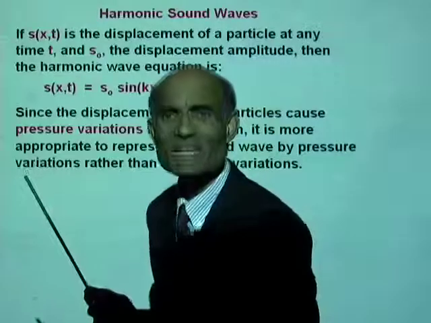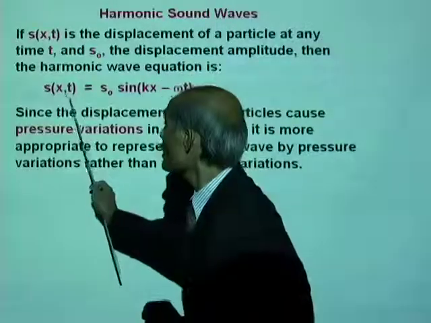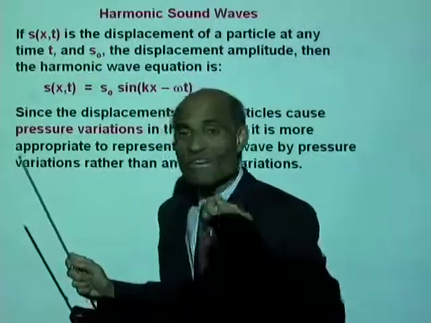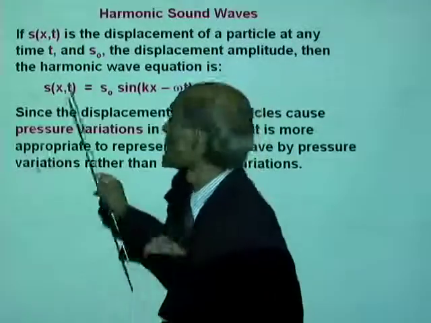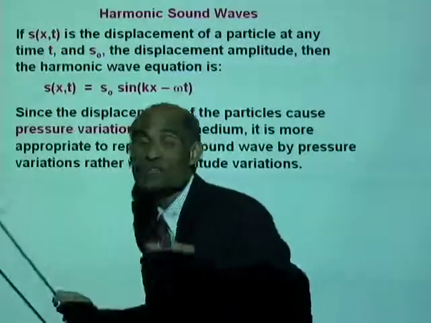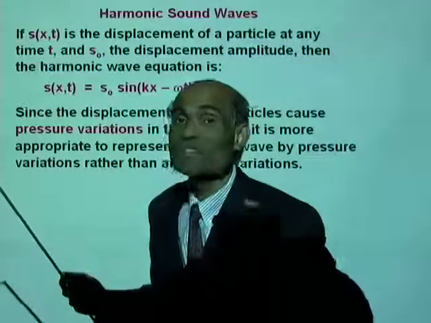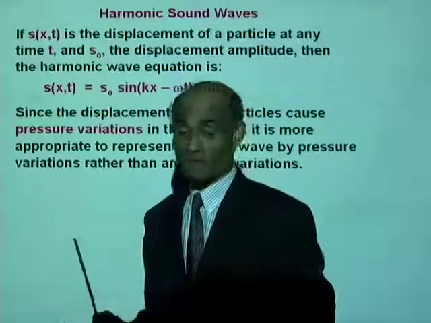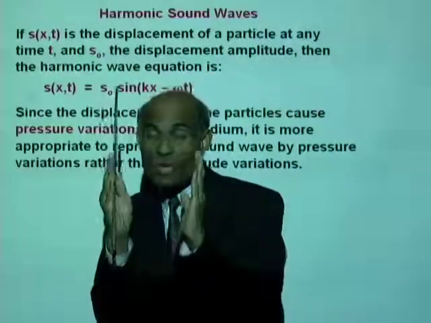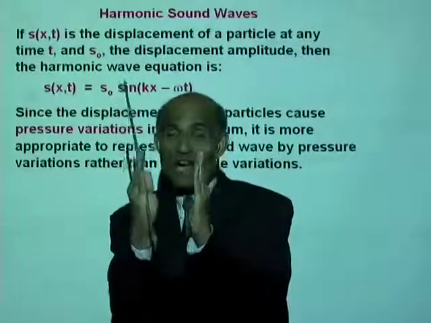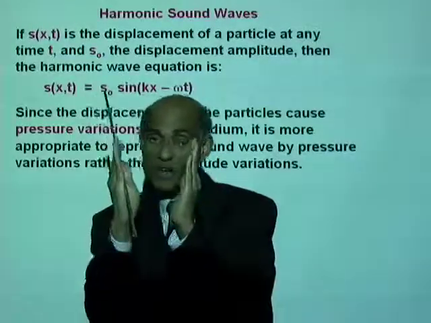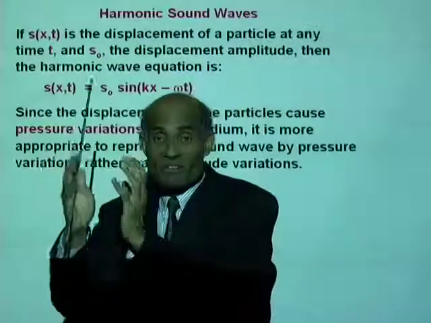Do you understand what I said? This equation gives you the equation of a harmonic sound wave in terms of the displacement. How does the displacement change with time? But remember, a sound wave is actually a pressure variation, high pressure, low pressure. Compressions and rarefactions.